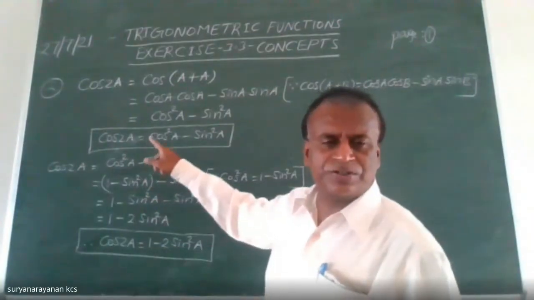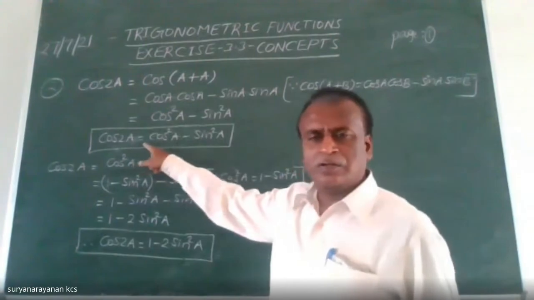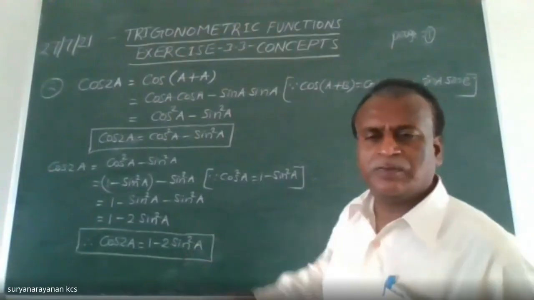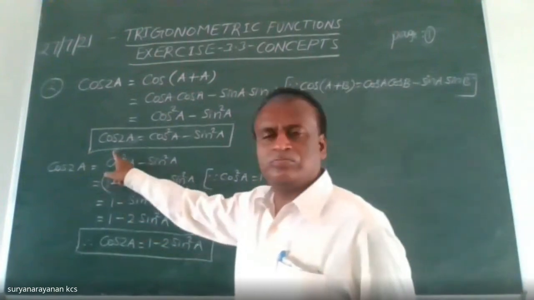My dear Jose, it's your turn. Cos 2A equals cos square A minus sin square A. Cos 2A equals 1 minus 2 sin square A. Very good, my dear Jose. Catherine, very good.